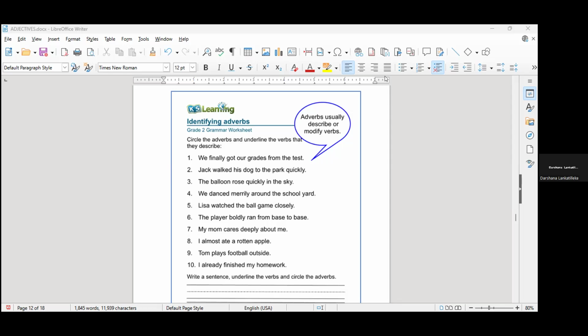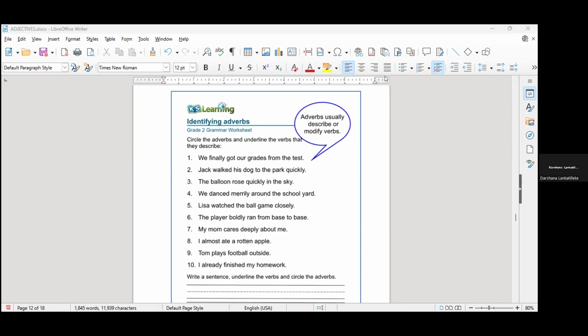So walked is the verb here. Quickly is the adverb. Okay, good. Another one saying good. Teshani is also saying the whole thing right. Good. We'll discuss the other one.